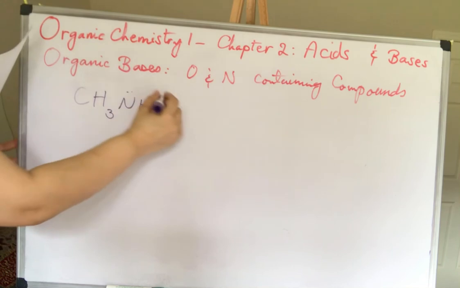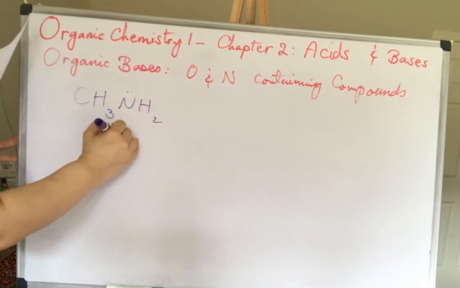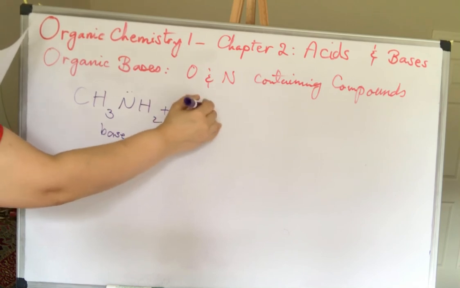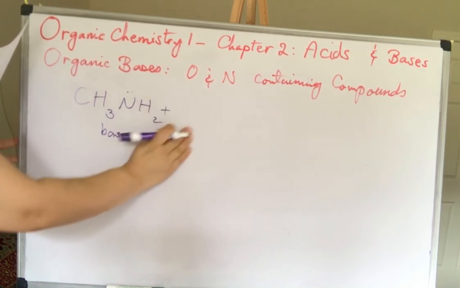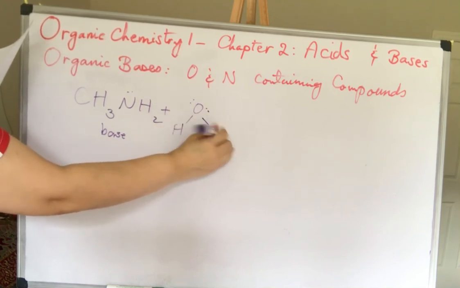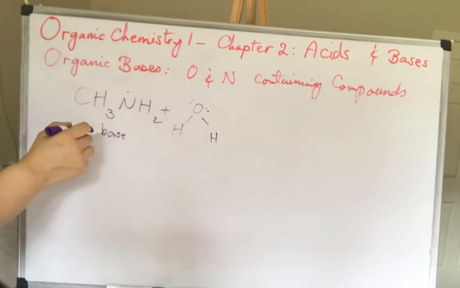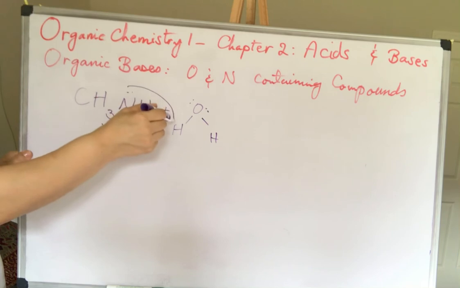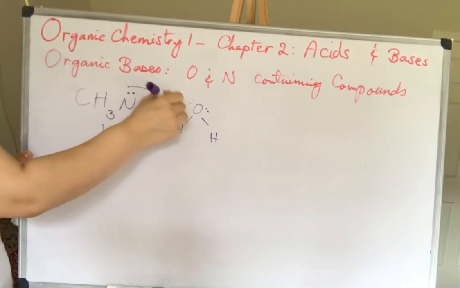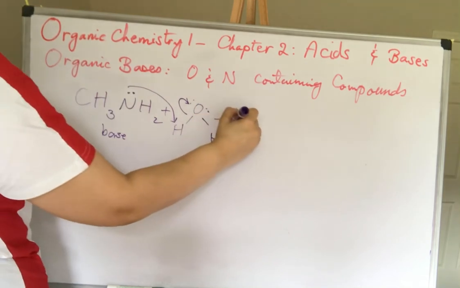If a nitrogen containing compound acts as a base, it means it's going to accept the proton from water. So if I draw my water molecule with separate bonds, then we'll see if this compound is a base. Nitrogen attacks because it has a non-bonding electron pair, and the bond opens on oxygen.